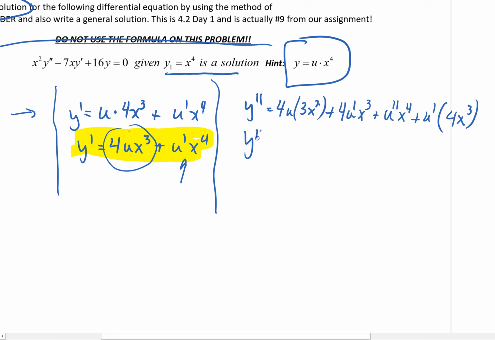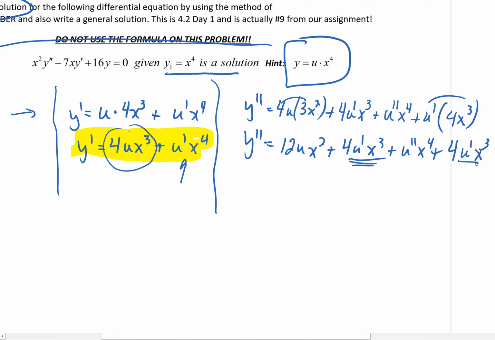Well, as we clean this up, I think you can see 4 times 3 is a 12. We'll have a 12ux squared. Here we'll have a 4u prime x cubed. And by the way, here's another 4u prime x cubed. We'll see that in just a moment too, right? At the end here, you can say, now wait a minute, these are like terms.